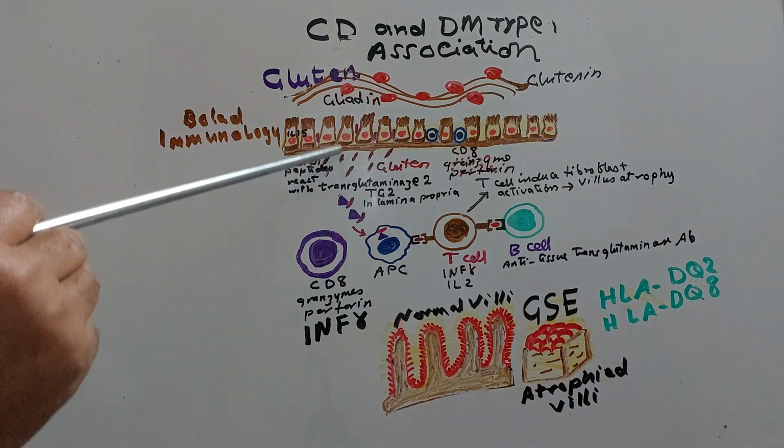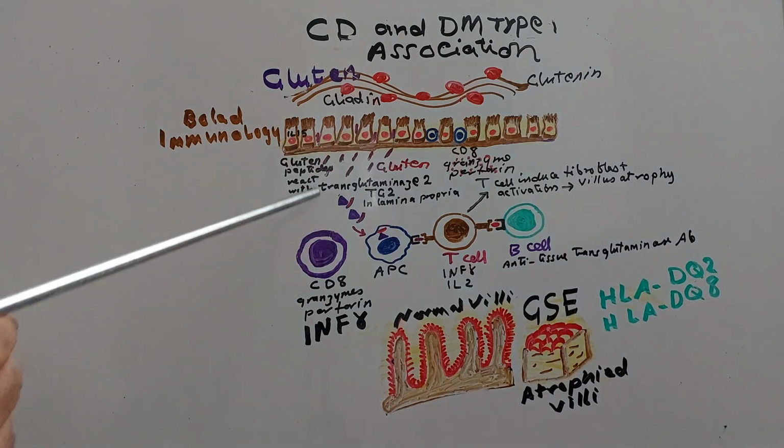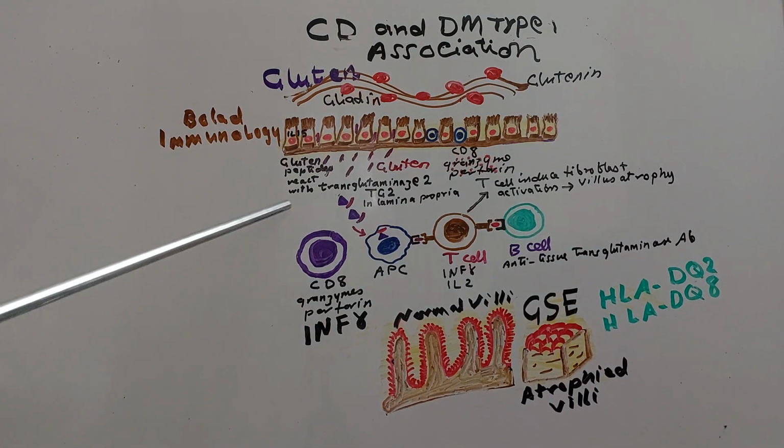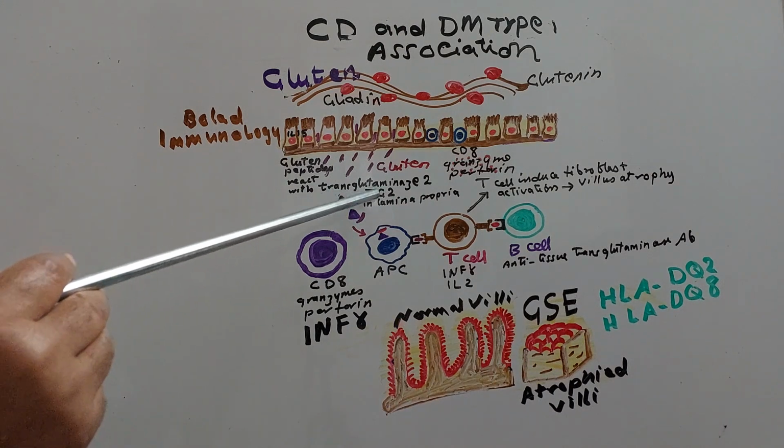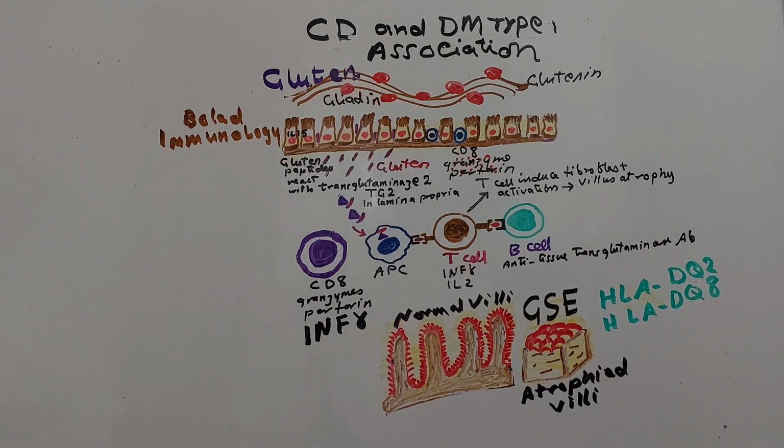Actually, these gliadin peptides, when they translocate to the lamina propria and cross these epithelial cells, will be modified by tissue transglutaminase 2. This is an enzyme, and this modified structure will be engulfed or phagocytosed by an antigen presenting cell, maybe macrophages.